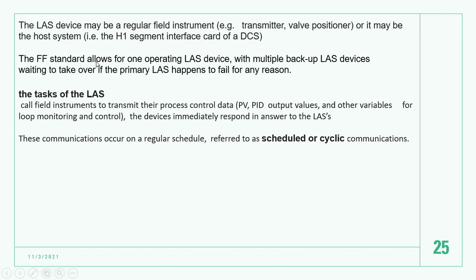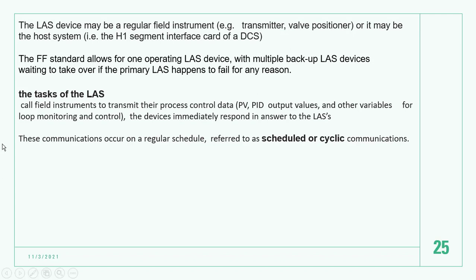The FF standard allows just one operating LAS device, but there can be many backup LAS devices. If the active LAS device fails, another backup LAS device takes over. Okay, what is the task of the LAS?